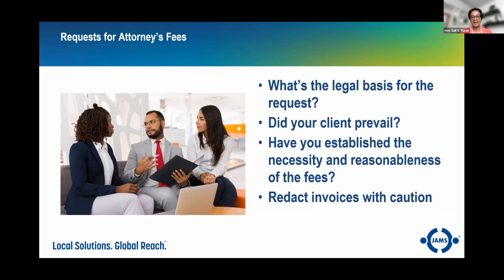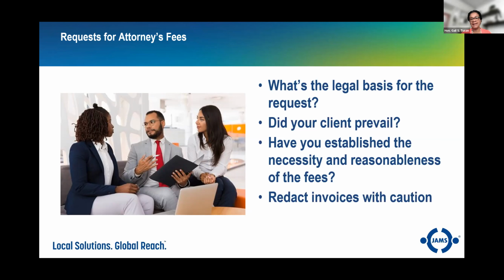So one, if you have concern or want to redact your invoices, you need to make sure that you haven't redacted so much that it's really just a matter of numbers and the arbitrator isn't really in a position to assess reasonableness or necessity. In that instance, you might offer an in-camera inspection if there's no way to get around the redactions.